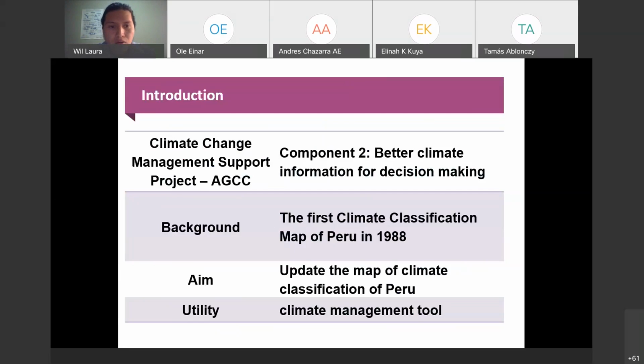First, I'm going to talk about the climate controllers, the input information to run the statistical model. The second part, I will talk about the process and validation of the statistical model to make the spatial interpolation. And the third part will be the results and the conclusions of this activity.